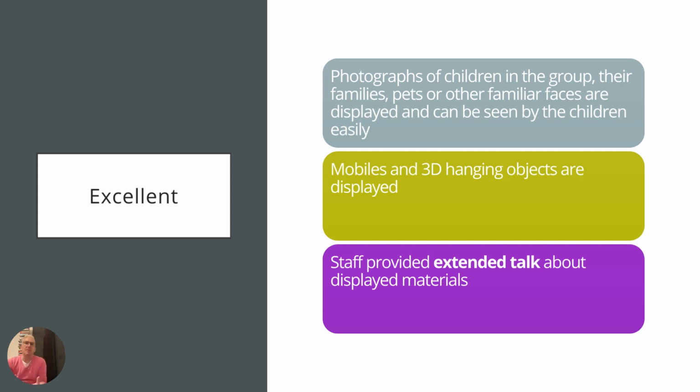So for example, it might be on the winter display that you've got up there, you might be talking about extending that to talk about snow and talking about the weather today, and it was colder yesterday than it was today, and all of those kind of comments, conversations, and extended talk can come from those displays that are in and around the early years classroom.